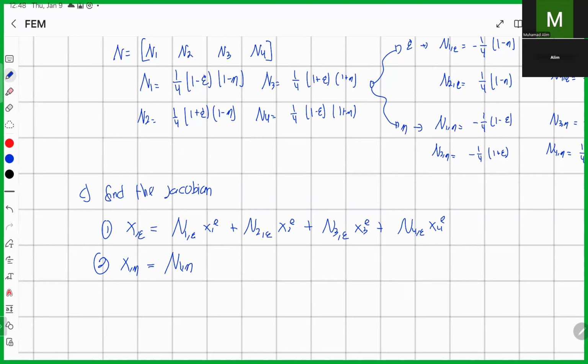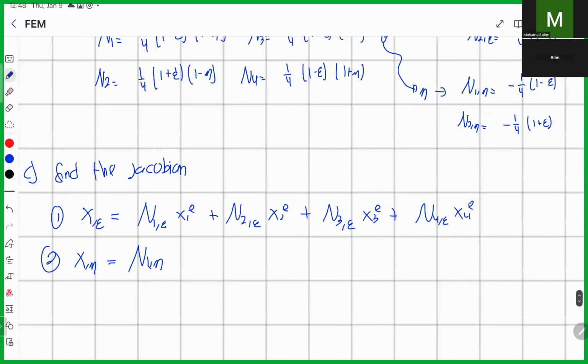So basically, mapping is all about relating our xy coordinate with the derivative of the shape function here. So this is N1 eta x1 plus N2 eta x2 plus N3 eta x3 plus N4 eta x4.